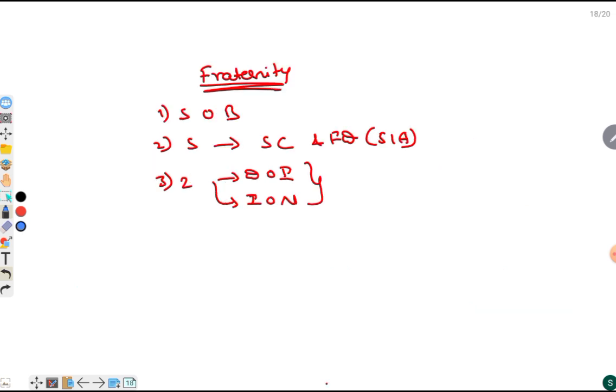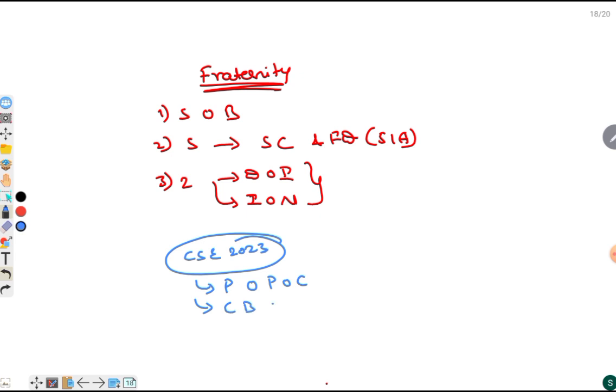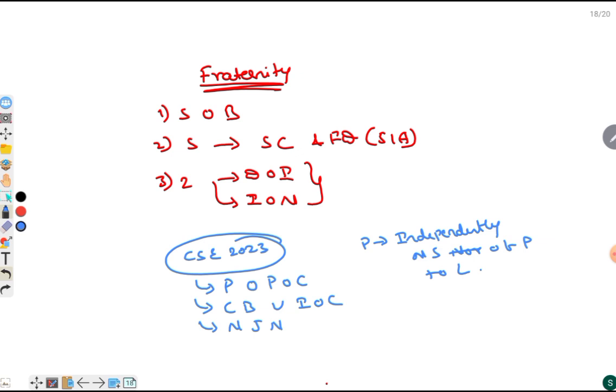And in CSE 2023 there were statements like the preamble is an integral part of the constitution, can be used in interpretation of the constitution, is non-justiciable in nature, and the preamble is independently neither a source of power to the legislature nor a prohibition of power of the legislature.